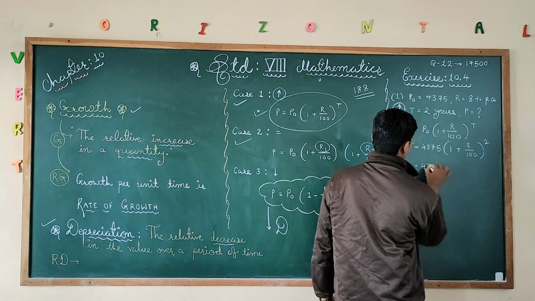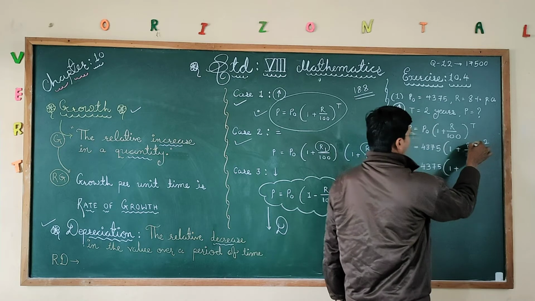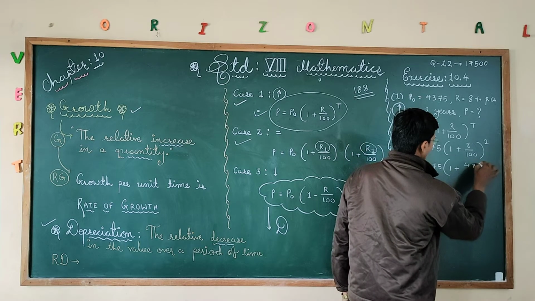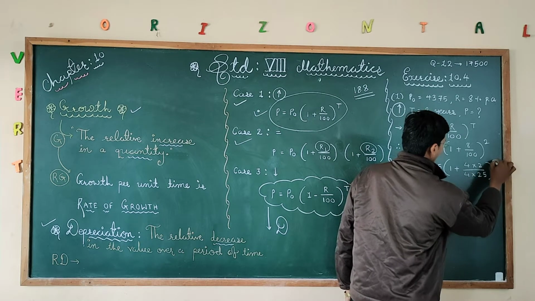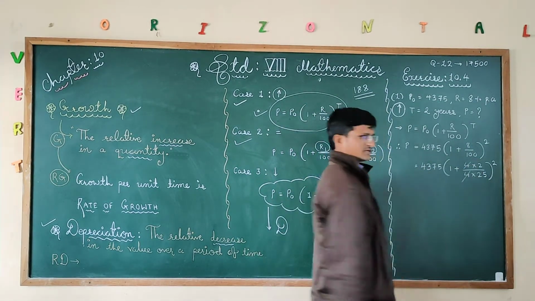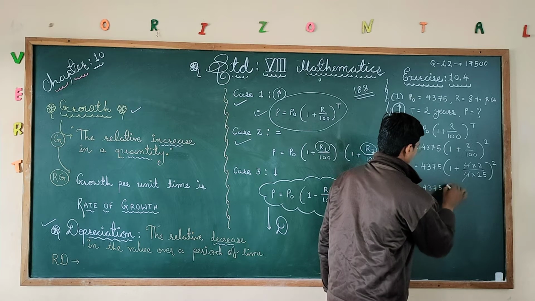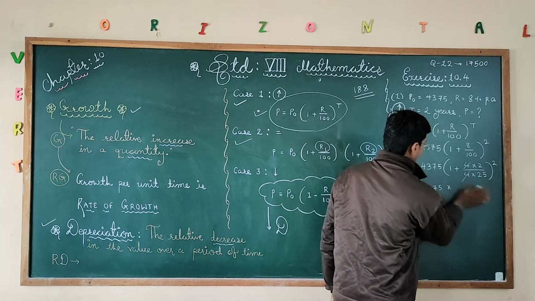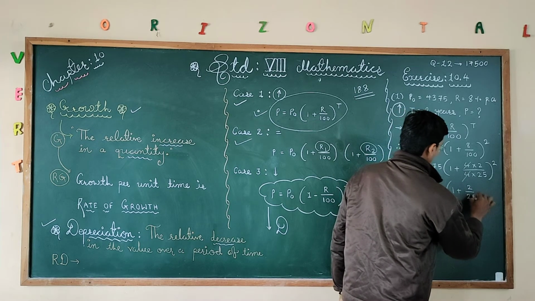We are not touching 4,375. Now, 4 into 2 is 8, and 4 into 25 is 100, so 4 cancels with 4. What remains is 4,375 multiplied by (1 + 2/25) whole square.